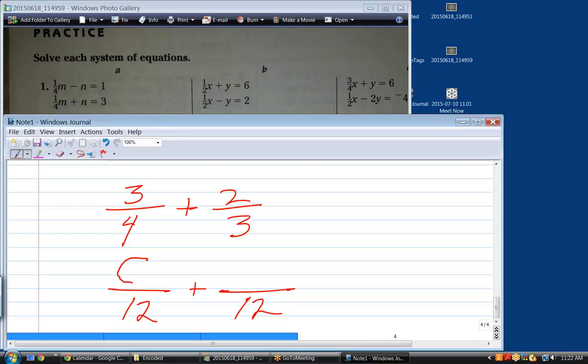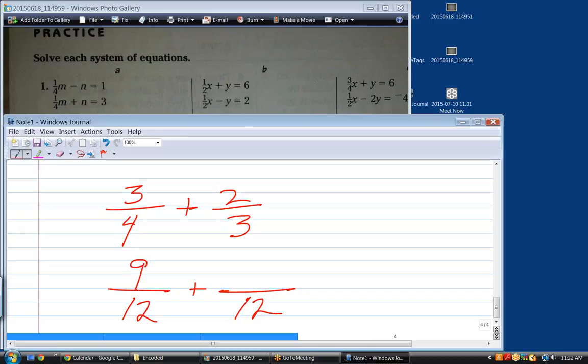Now, I have to figure out how to get that number. You get that number by dividing your denominator into your common denominator and multiplying that result by the numerator. So what's 4 into 12 times 3? 9. Yeah.